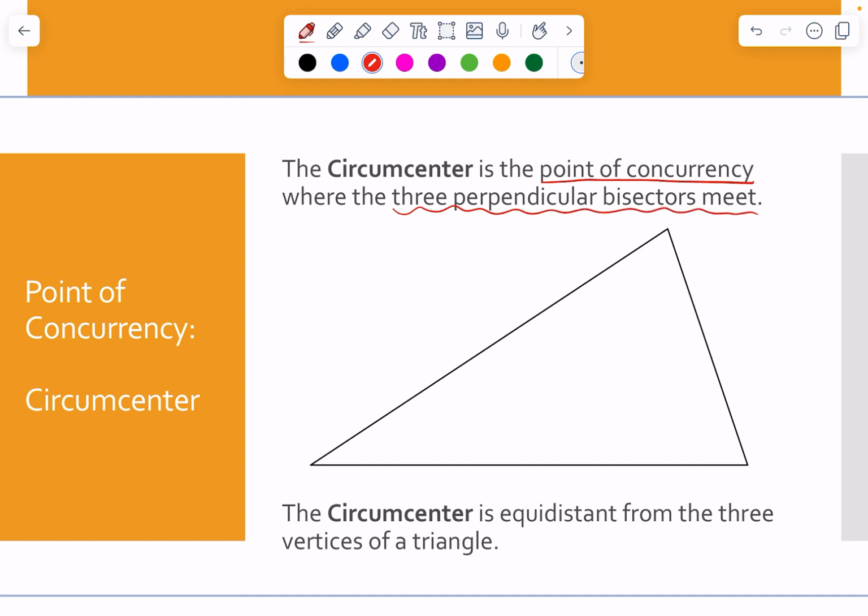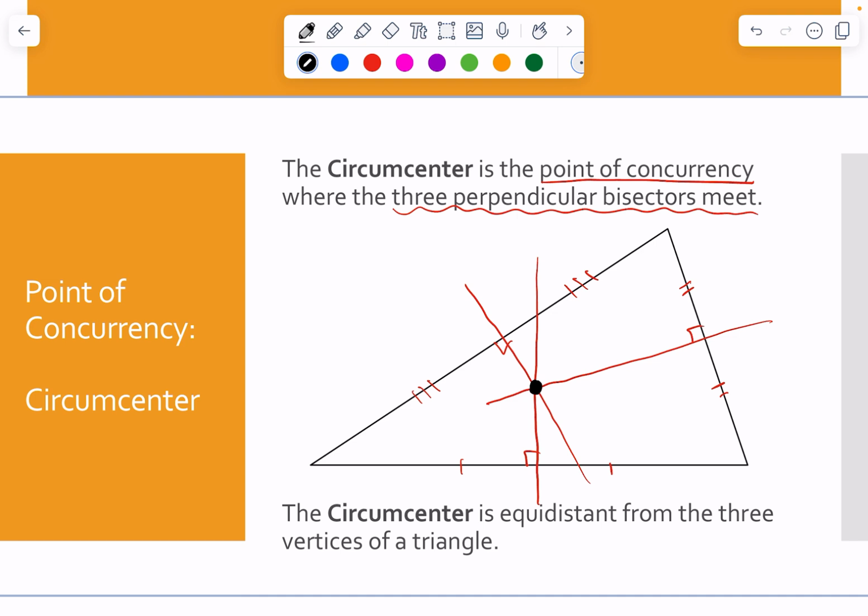Okay, so if we draw those out, I'm going to draw all of those using red here. So we have this one. We have this one. And we have this one. Now, when we look at it, this point right here would be called the circumcenter.